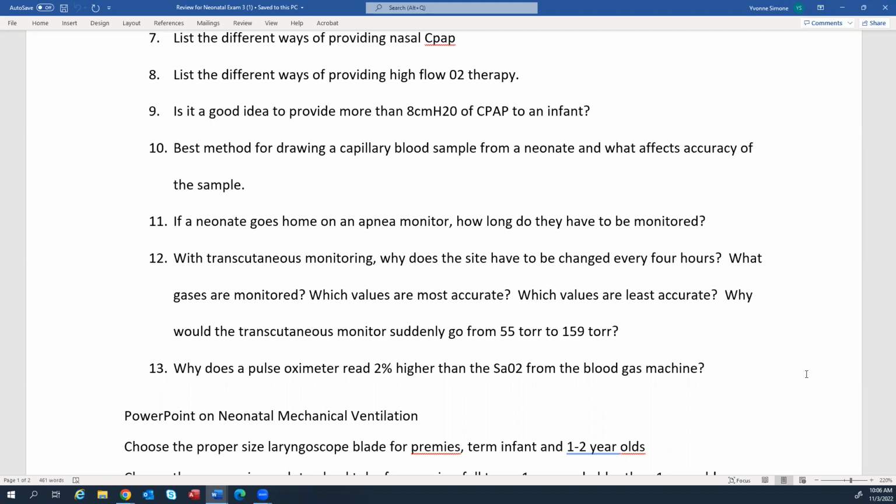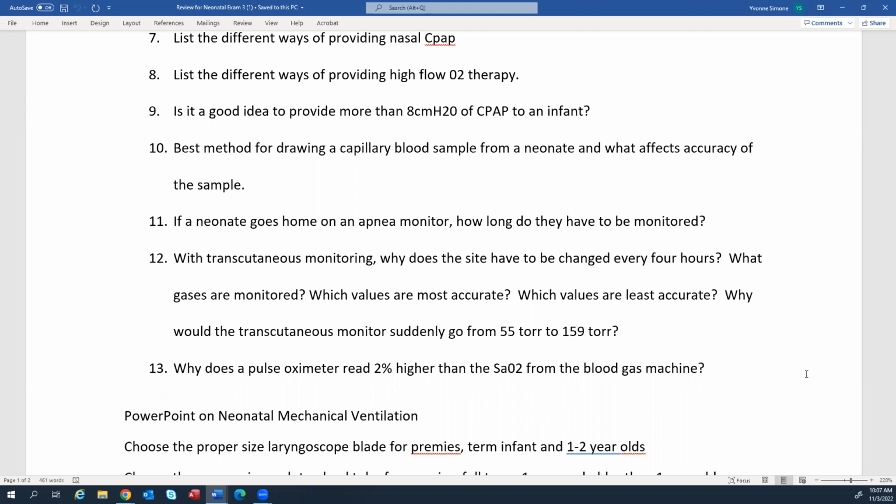Why does a pulse oximeter read 2% higher than the saturation from the blood gas machine? So we talked about the blood gas machine is very accurate. It looks at several different wavelengths of light for hemoglobin. And then it accurately records the amount of hemoglobin with oxygen.